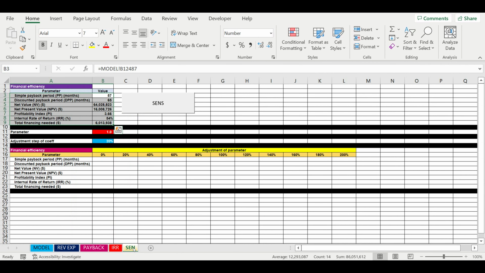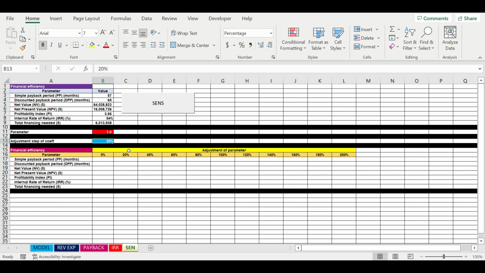And then at the end we have a sensitivity analysis block where we have the current financial efficiency, internal rate of return, profitability index, simple and discounted payback period values, net present value, total financing needed for the business idea. And then here we can specify if we want to create some stress tests.